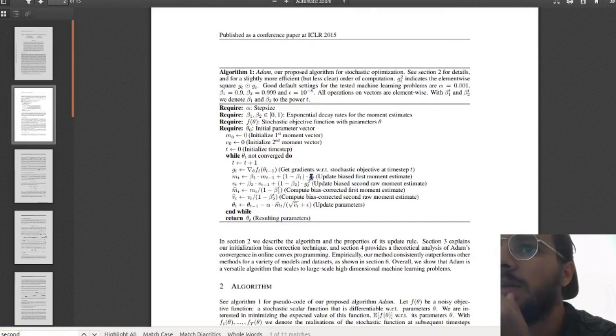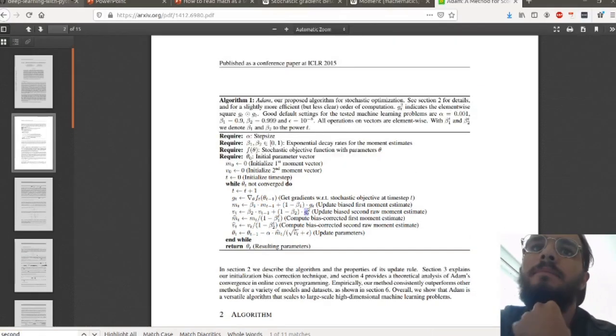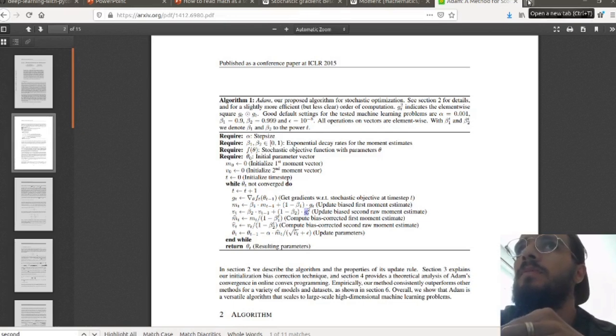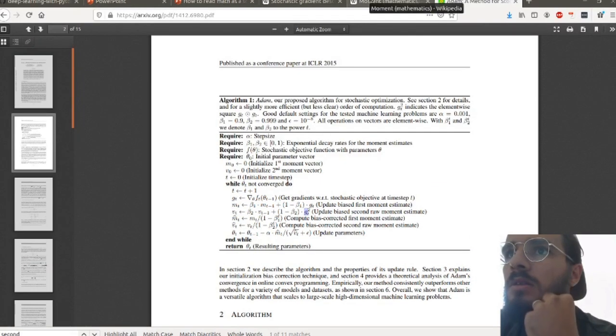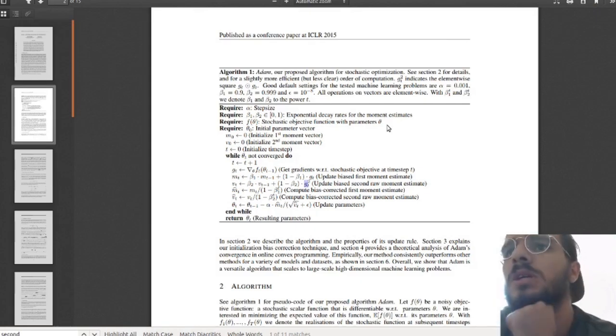Well, that's it. It's the gradient and then the gradient square. And this, okay, I think I get it. This is supposed to be a mean. I don't get it. I don't get that.